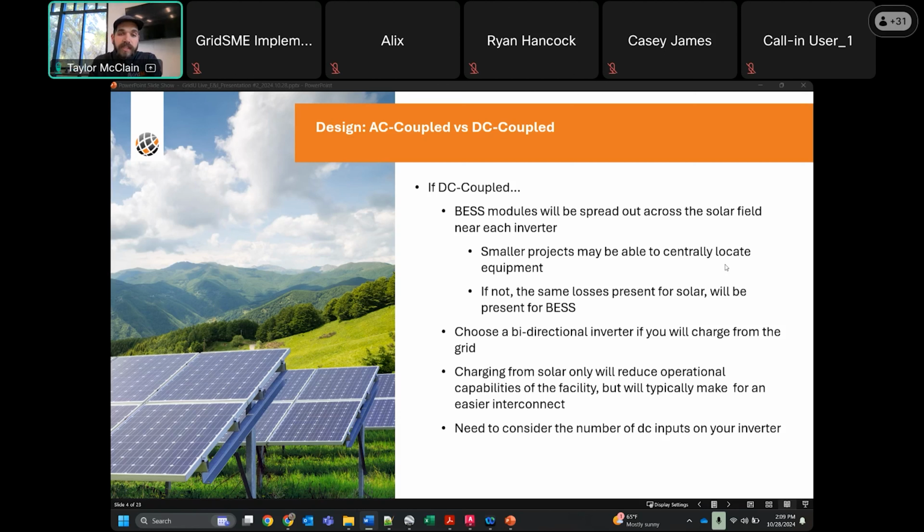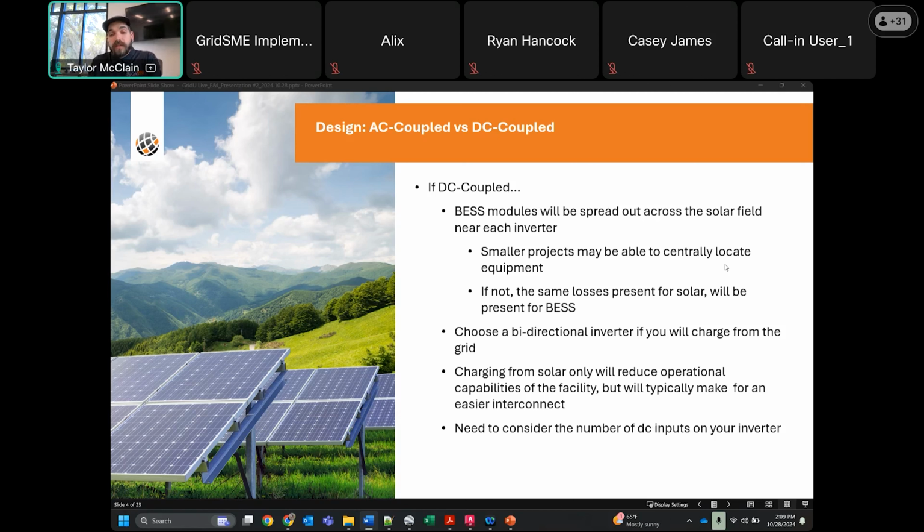So that's just something to think about for the construction phase, and some items that could potentially be a little bit more troublesome in the future, versus with an AC coupled where you can locate your BESS pretty centrally to your interconnection facilities and have a smaller collector system and some pluses on that side. So definitely something to think about if you're on the fence of DC coupled versus AC coupled.